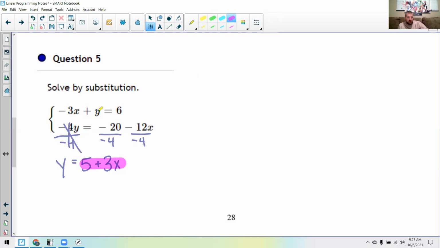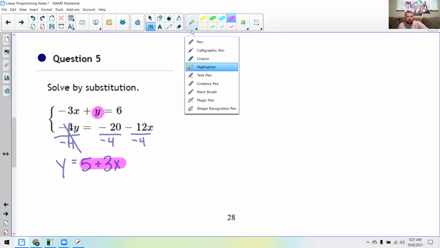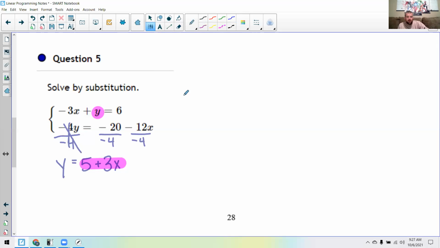And I can replace y in the first equation with 5 plus 3x. So the first equation becomes -3x plus y, but y is 5 plus 3x, equals 6.